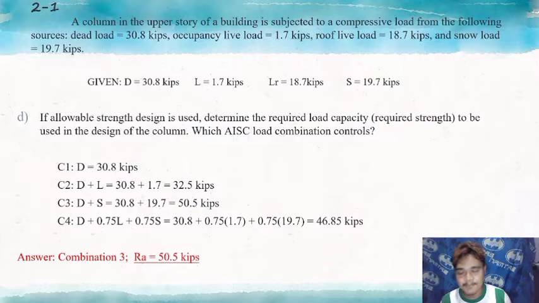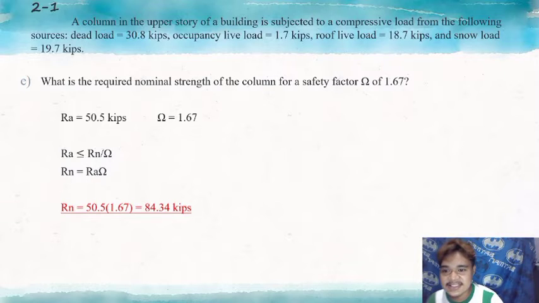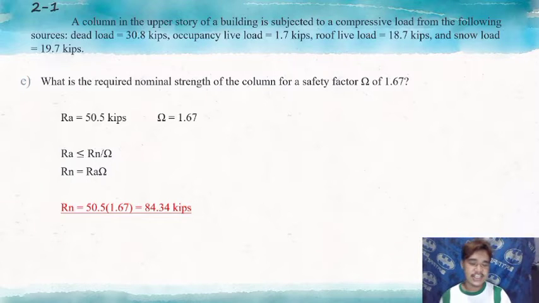So for our question 5E, what is the required nominal strength of the column for a safety factor of 1.67? Our required strength is 50.5 kilopascals and our safety factor is 1.67.